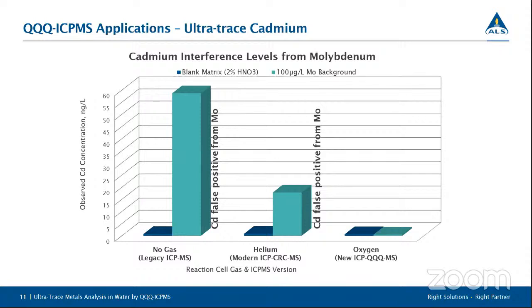So some might still pass through and enter Q2. And then the only way to avoid that is either to increase the length of the cell so it has more time to react, or somehow slow the ions down in the cell, but still have them with enough energy to enter Q2.